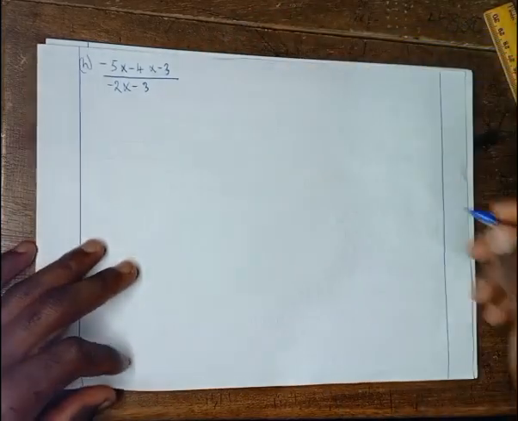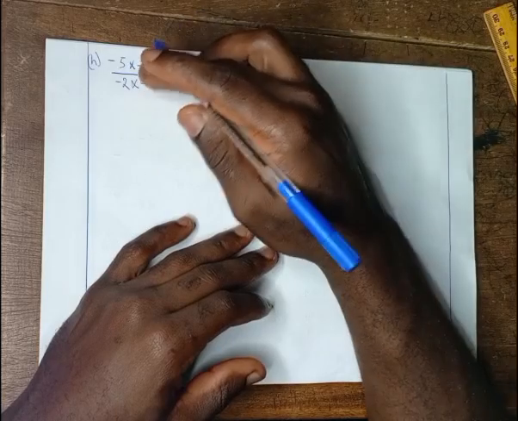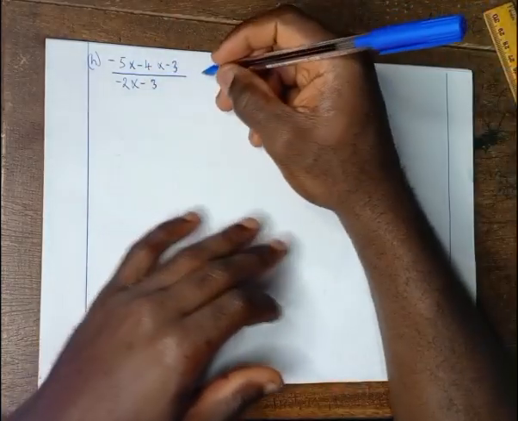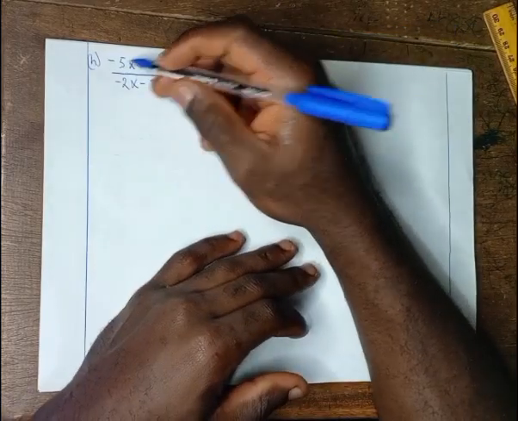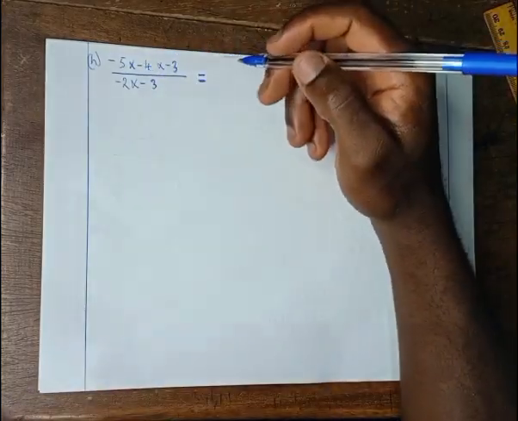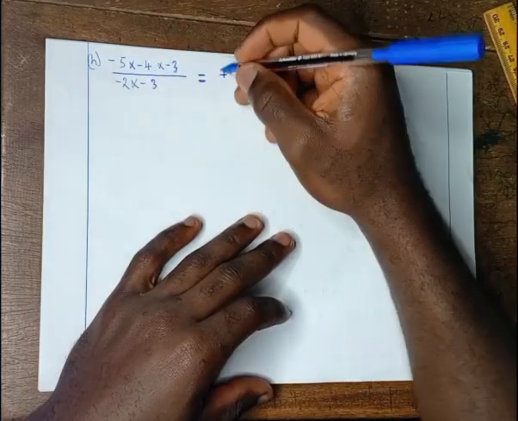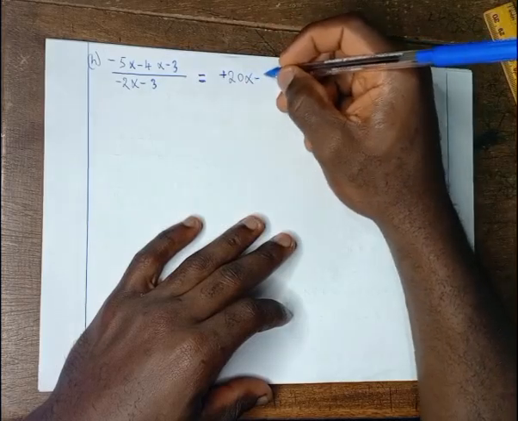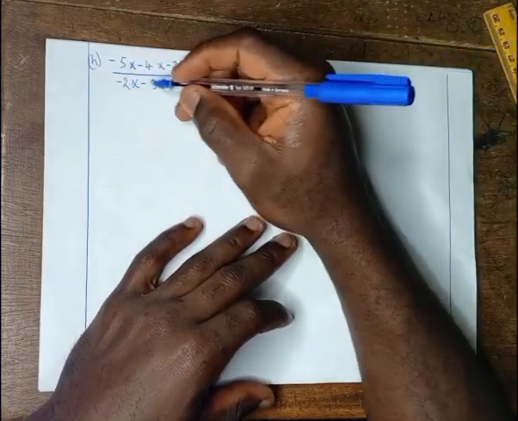What we are simply going to do is start by simplifying the numerator, then we simplify the denominator, then we can perform the division for the necessary simplifications. So negative 5 times negative 4, we are multiplying two negative numbers, so the result will be positive. 5 times 4 gives us 20. So we multiply now by negative 3 all over negative 2 times negative 3.